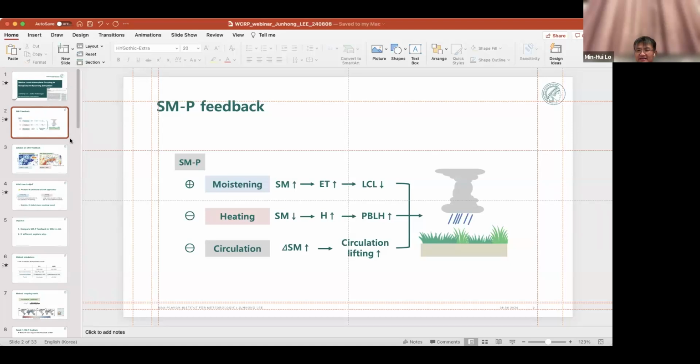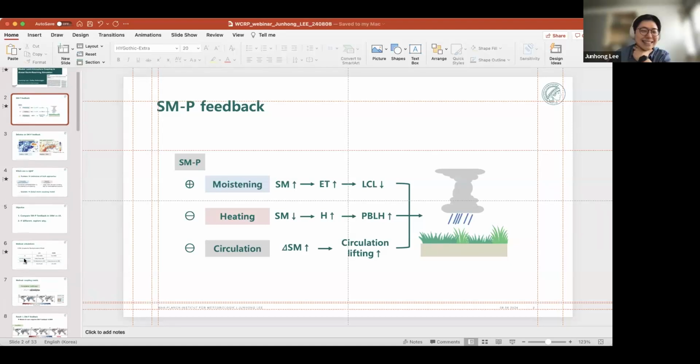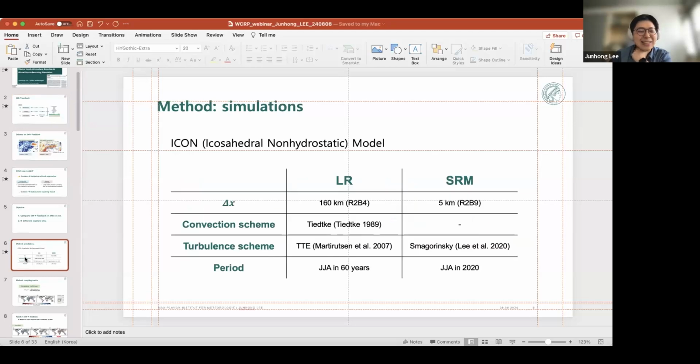Okay, and the next question is about GPU. Technical question. Yes, that's really interesting. When we developed the ICON model, we made it possible to run on GPU, but for this simulation, we only used CPU, though we can run it on GPU as well.